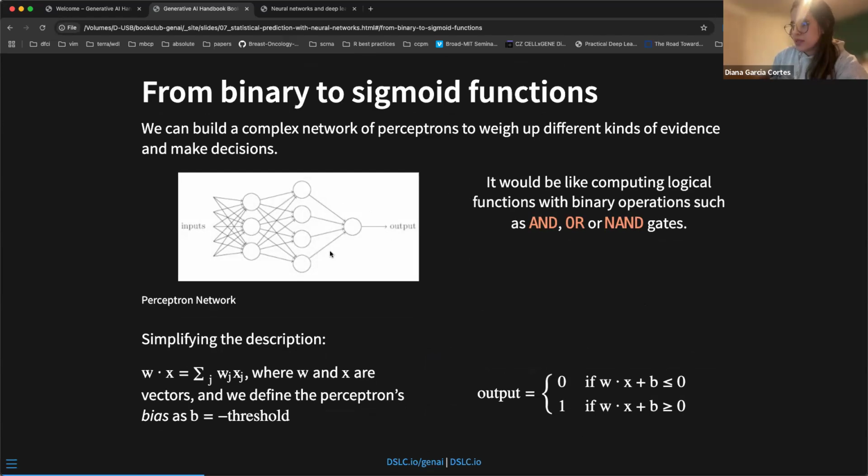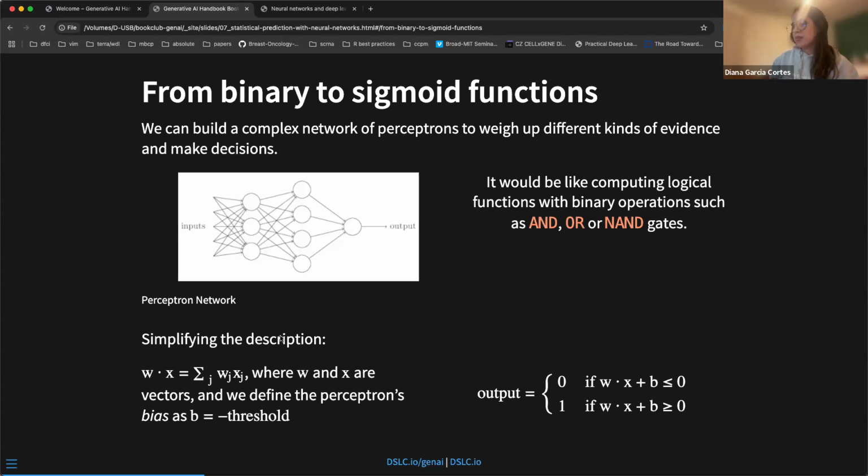If we did this, what we would have is a computational logic of functions with binary operators, such as the AND, the OR, or the NAND gates, because again the inputs would be 0 or 1, true or false, and the output would be a single 0 or 1. But that's not actually what we want.